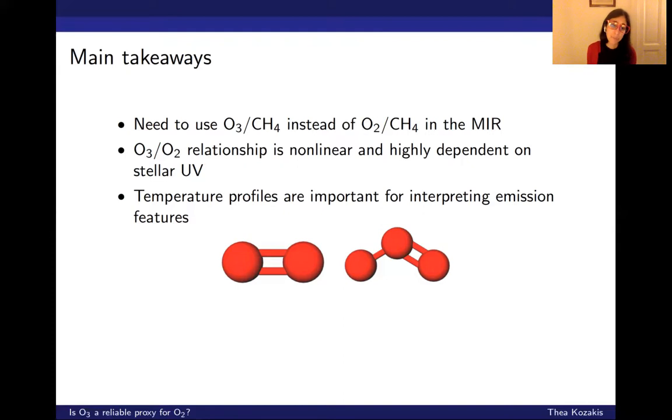And if we're going to look at emission features, we need to think about the temperature profiles of those atmospheres because that's going to be determining the depth of these spectral features. And with ozone in particular, that can be complicated because ozone is the main molecule heating the stratosphere, affecting the depth of the feature.